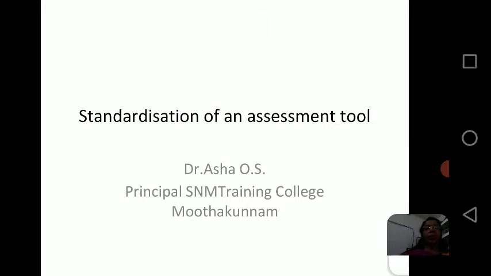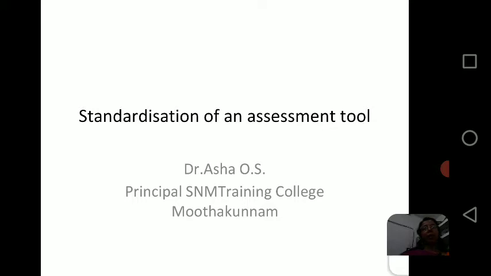The steps are more or less similar to any tool construction. That is the general steps: planning, design preparation, blueprint, preparation of items, scheme of evaluation, question wise analysis. These are the steps for any type of assessment tools.